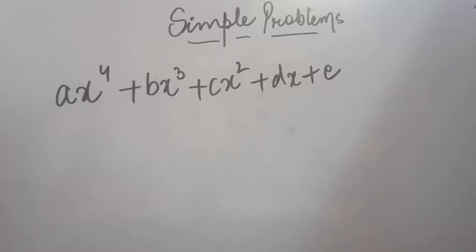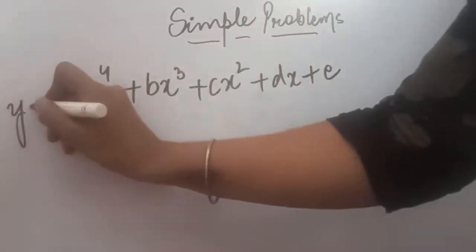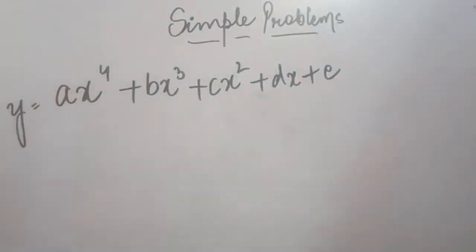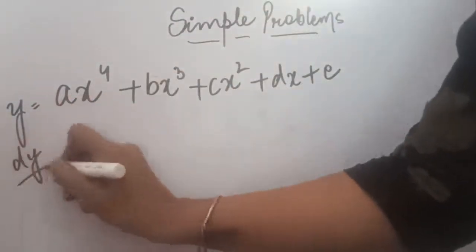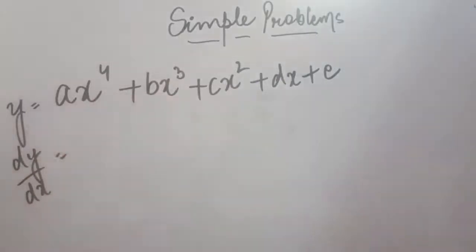This is another question of derivative. First let us put it equal to y. This function is equal to y. So now taking the derivative dy upon dx, that is differentiation of y with respect to x.